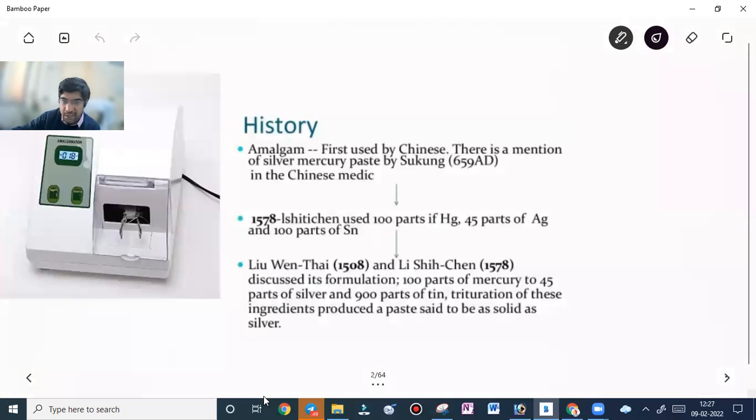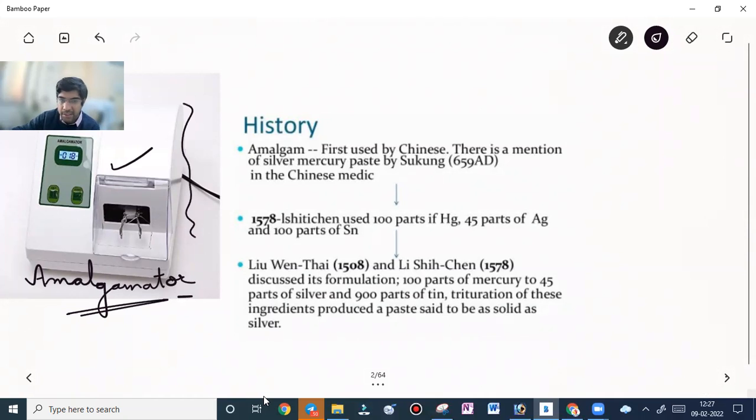So this is the amalgamator. You have to remember this for your image-based question session, as the examiner could show an image and ask you to identify this. So this represents the amalgamator.